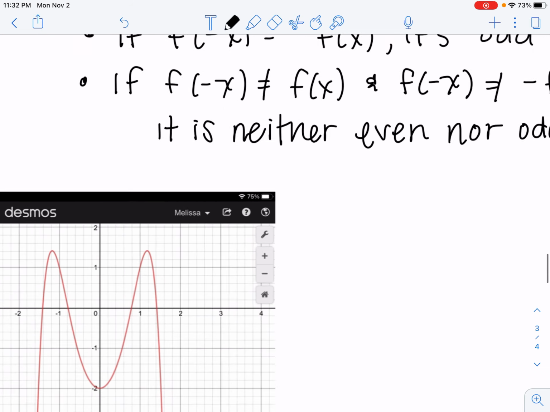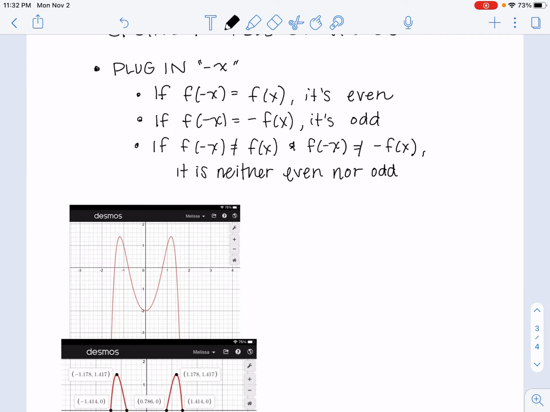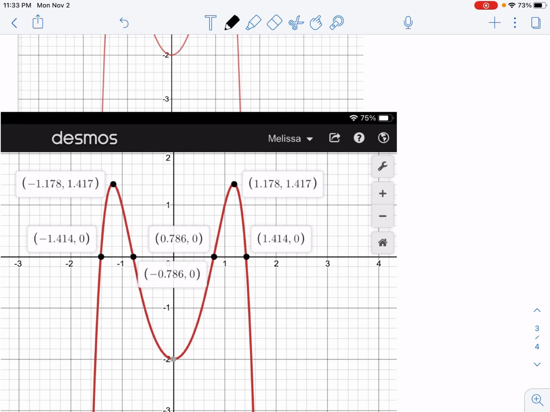When I look at this graph right here, it really appears to be even. I like it. And then when I look at it here, I notice my values are kind of paired. I've got this negative 1.41 and 1.41. Their output is both 0.